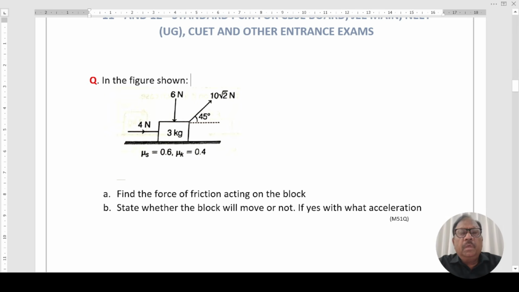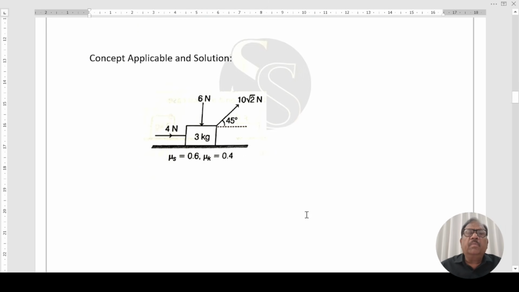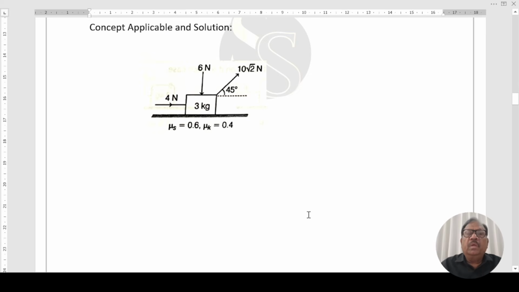Question is, in the figure shown, find the force of friction acting on the block. State whether the block will move or not. If yes, with what acceleration. Right? First of all, we draw the free body diagram of the 3 kg block.